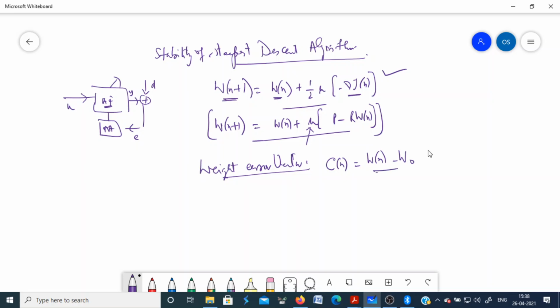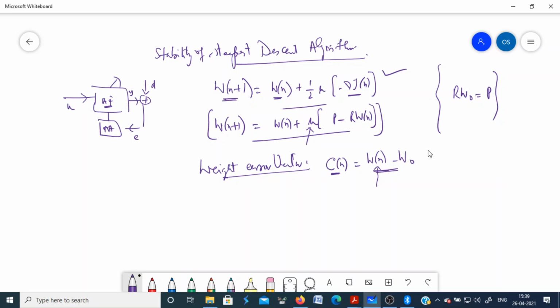Now Wo is the minimum mean square error solution that you get from the Wiener-Hopf equations, that is R Wo is equal to P. So at any particular time n, you have some filter weights Wn which do not give you the minimum mean square error. The difference between Wn and Wo, the optimum solution, gives the filter weight error vector, say Cn.